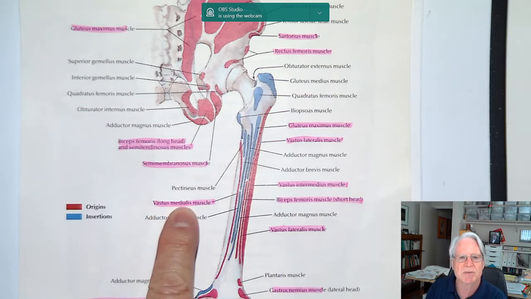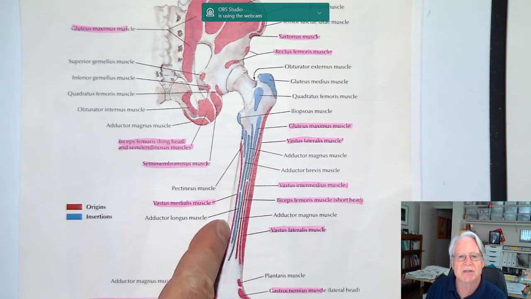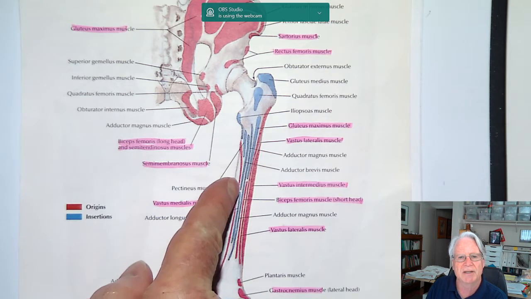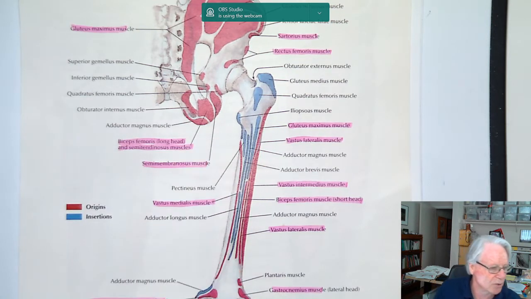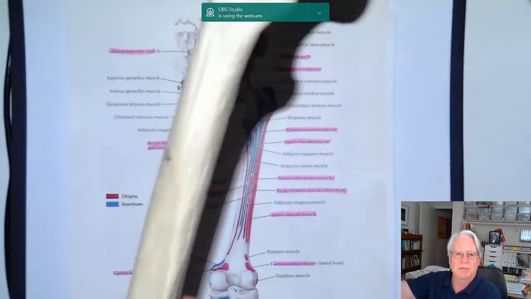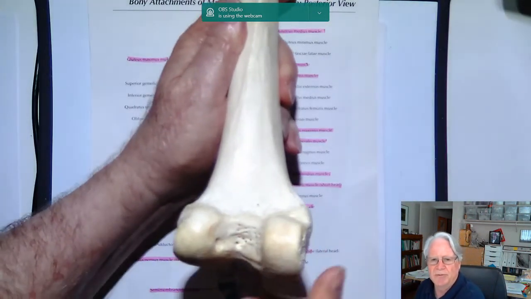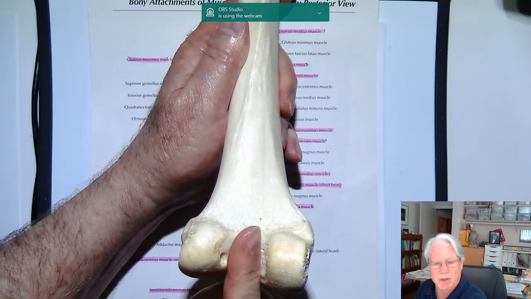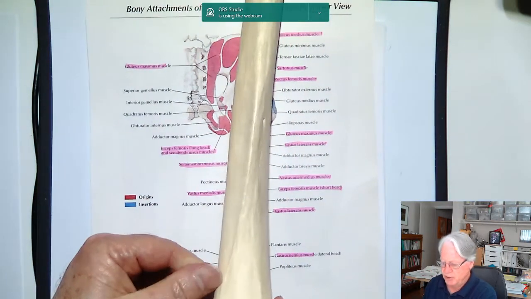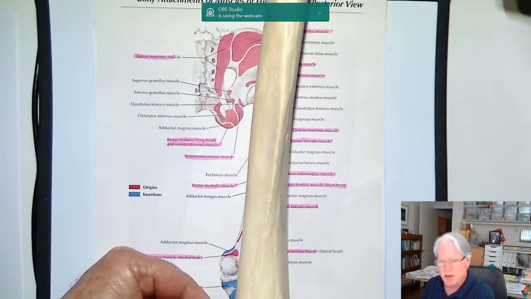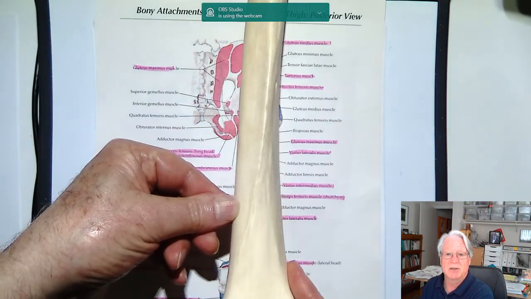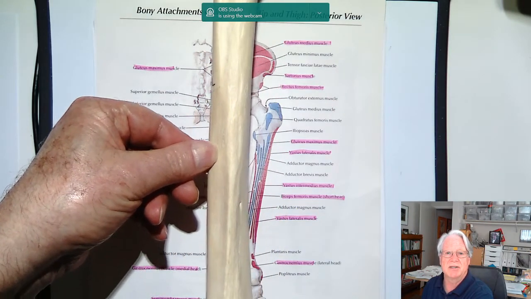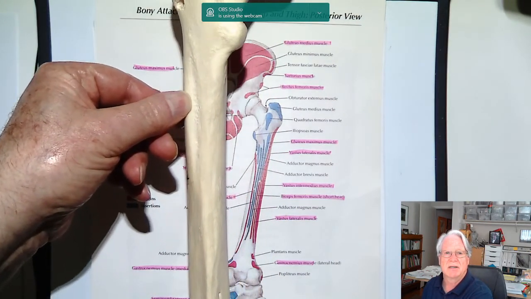Here is the vastus medialis, and you can see this very narrow red line that goes all the way up here. If this is our femur, and we find the posterior aspect of the femur, that's this big notch, so basically it's a line that starts approximately right here and goes along the edge like this.